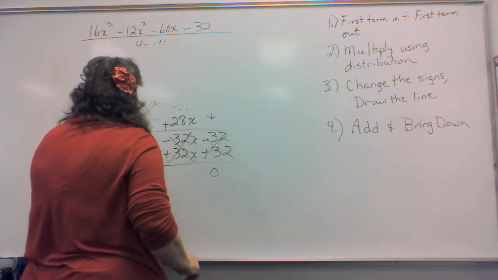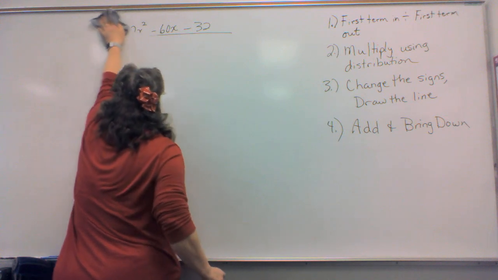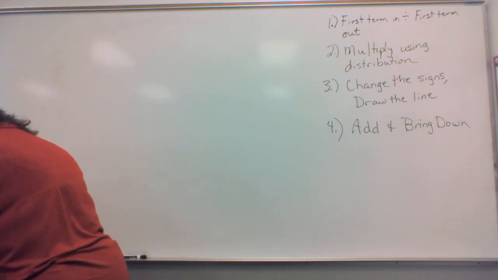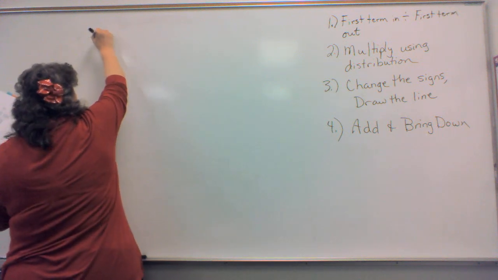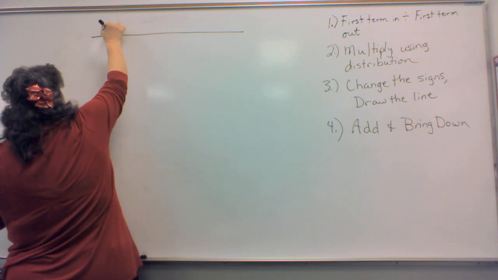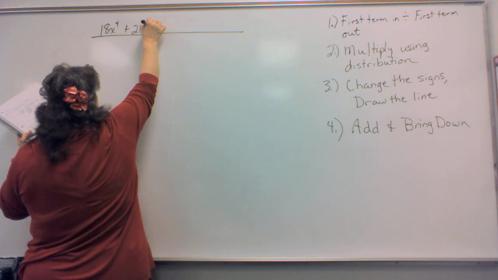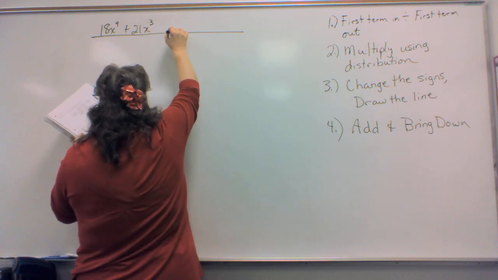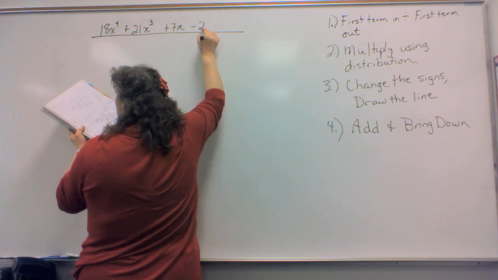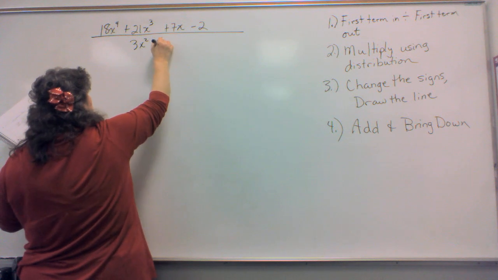Okay, I think we have time to do one more before we stop this video. 18x to the 4th plus 21x to the 3rd plus 7x and then minus 2 divided by 3x squared plus 1.